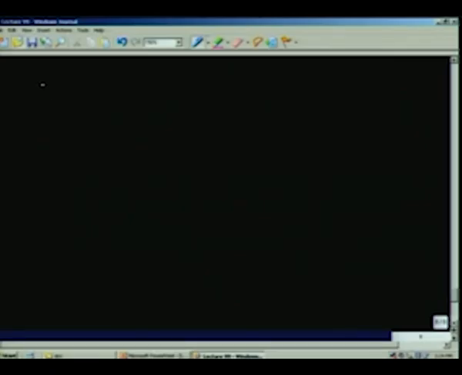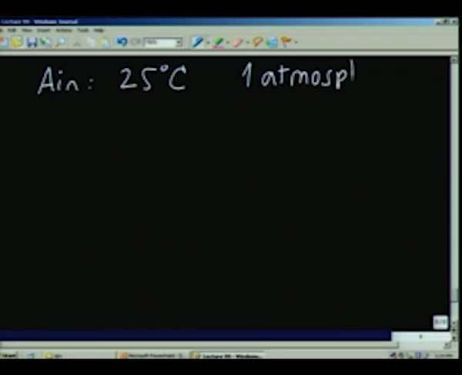So, I will consider air as the flowing fluid at 25 degrees Celsius, because the flow rate is dependent on the density, and I will assume that it is at 1 atmosphere, with very small difference with respect to 1 atmosphere, because delta p is there.